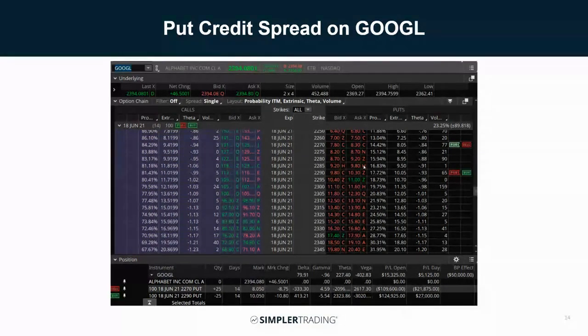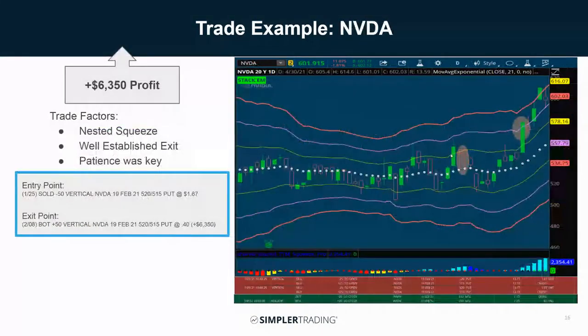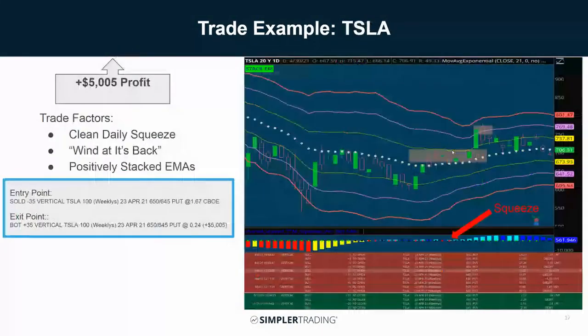Daily squeeze in Google, 15K. Amazon weekly chart, this is how nutty it was. I didn't even catch a huge move here. I'm selling put credit spreads, and because the market's so strong, I'm just collecting premium. $13,000 profit. Nvidia daily chart, $6,000.